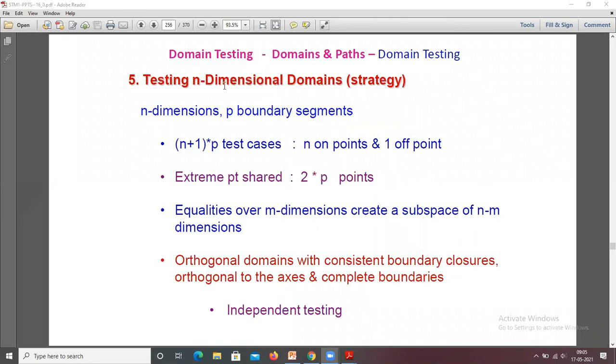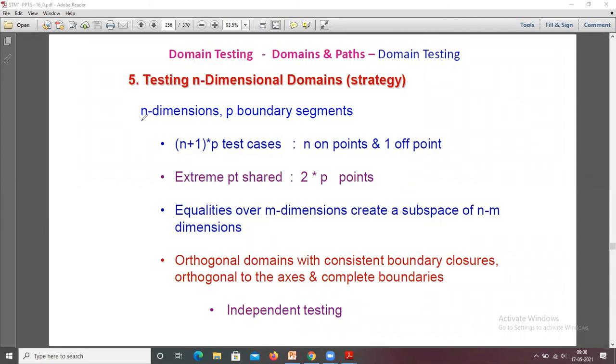Next one, testing n-dimensional domains. One dimension means there is only one variable, two dimensions means two variables, and n dimensions means n variables.